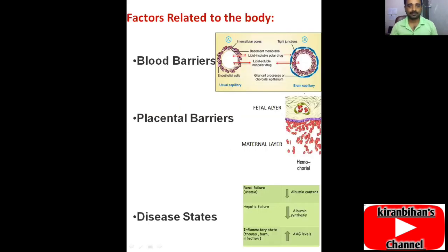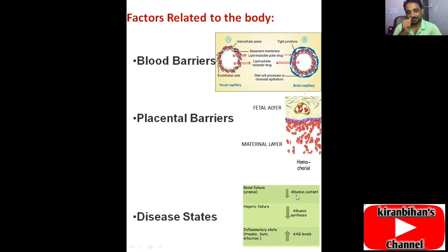Disease state. A person suffering from renal failure will have less albumin content, and in hepatic failure, the person will suffer from less albumin synthesis. In inflammatory disease, the AAG level will be more, so it will have more effect.